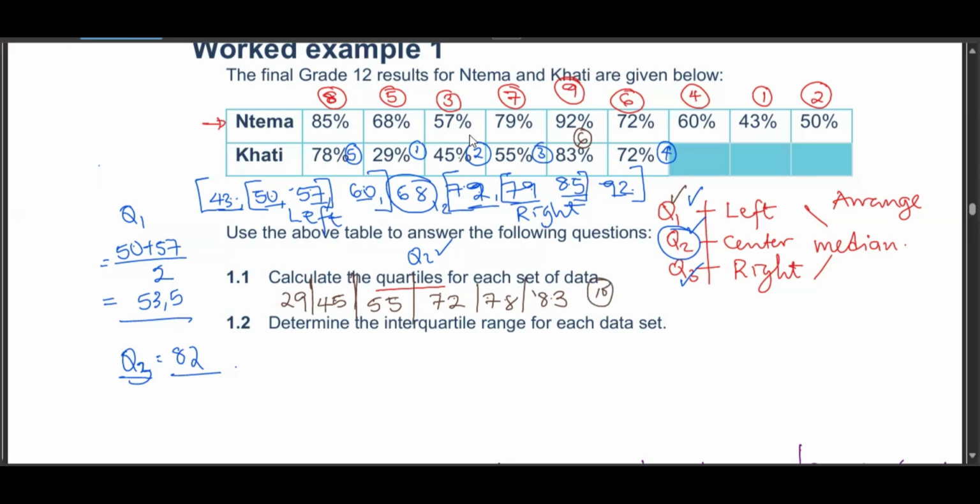So when you add 2 numbers in between, what happens? Our Q2 will equal this, and we divide it by 2. This divided by 2, we have 63.